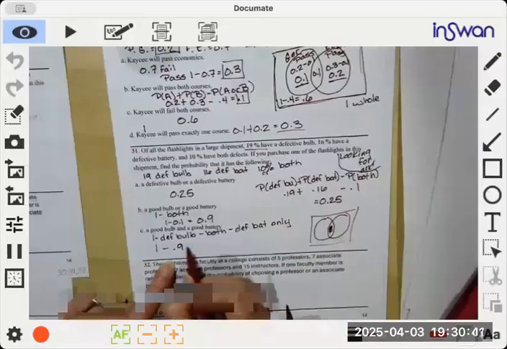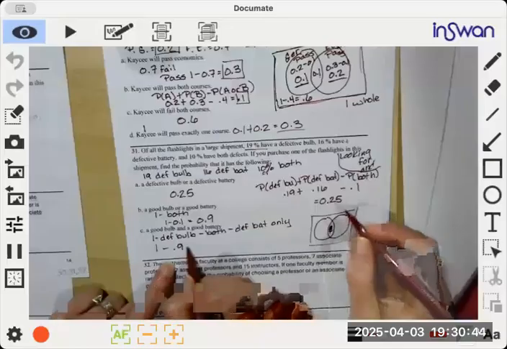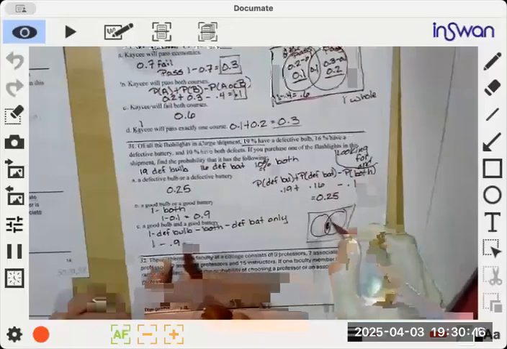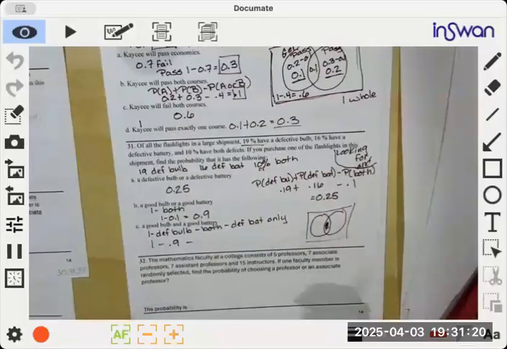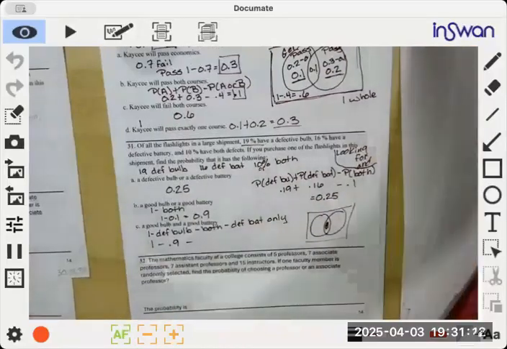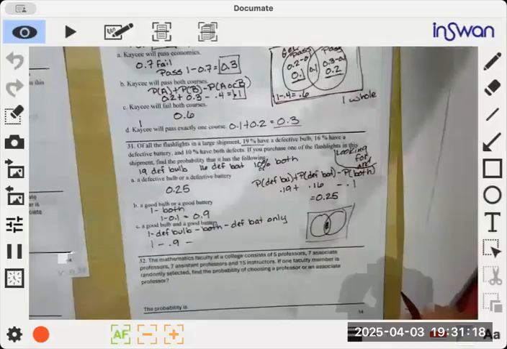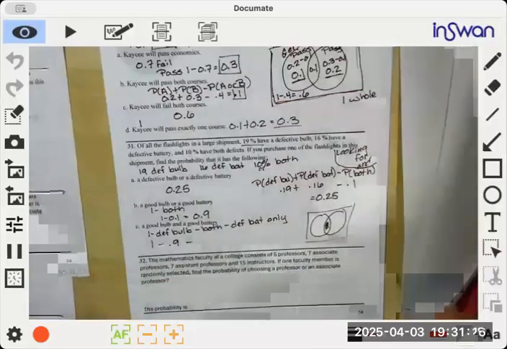I'm trying to do it without the Venn diagram and I'm having problems doing it without. Would you suggest that we do it with the Venn diagram? I think it helps. Let me see if I can find a pen, because I'm not that good at the Venn diagram. Okay.